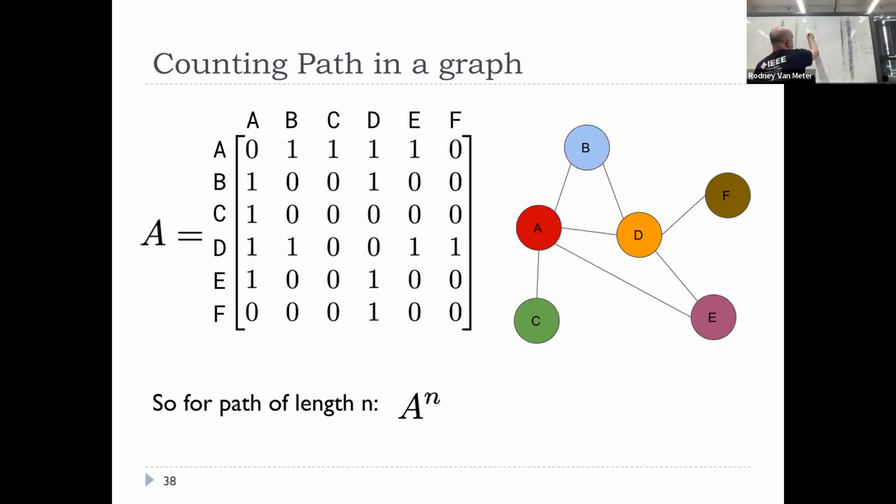A, B, C, D. Let's do this. What's our adjacency matrix A for this? For starters, it's got to be 4 by 4, since we've got 4 nodes.